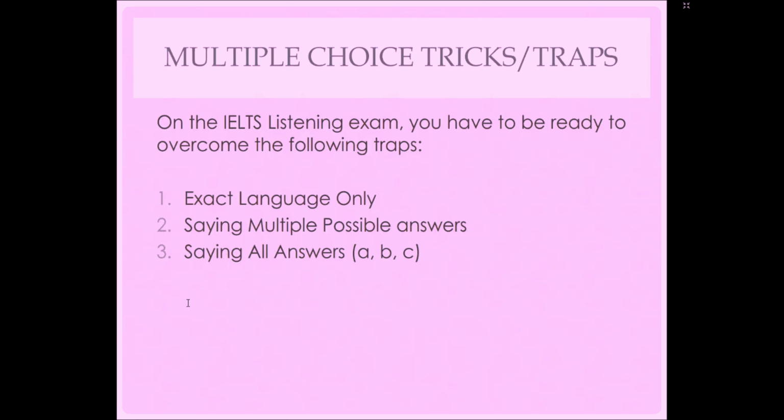Another thing that they'll do with multiple choice tricks or traps is they might give you all the answers. There's only going to be one answer, but they'll say all the answers. I guess that's the best way of saying it. Numbers 2 and 3 probably should be combined. You'll hear some of the information in choice A, some of the information for choice B, some of the information for choice C. They'll put a lot of exact language in those different answer choices.